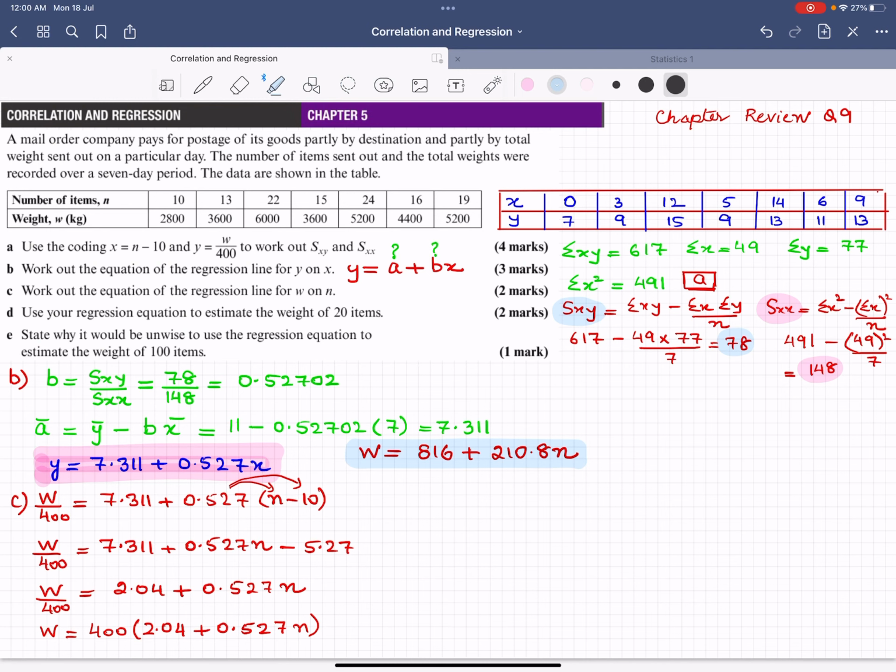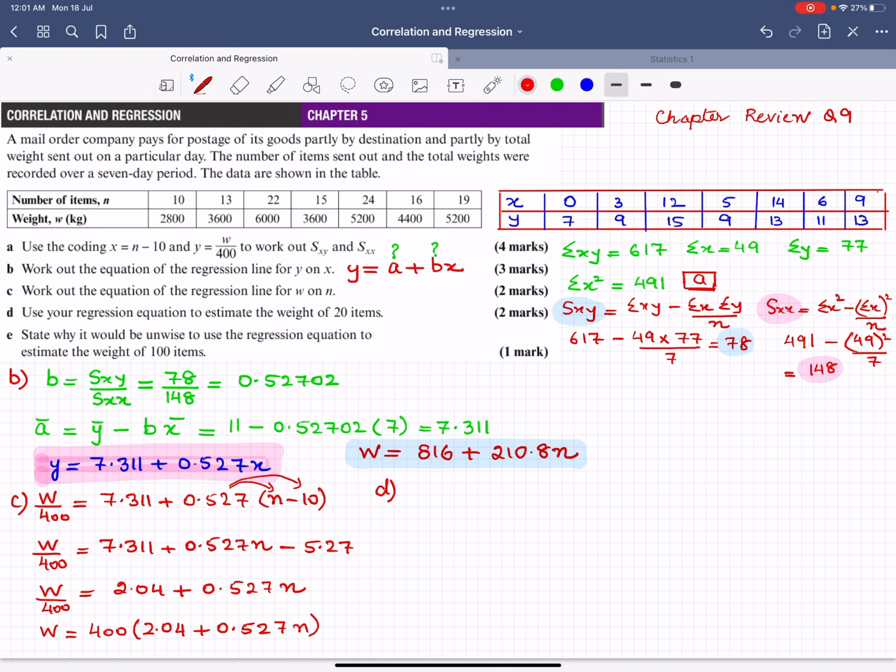Moving on to part D. So now we are moving to part D. Part D says use your regression equation to estimate the weight of 20 items. So we know that the number of items here to be plugged in is 20. So all we need to do is to plug in 20 for n and find the weight of 20 items.